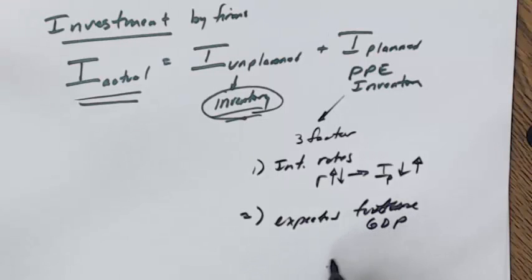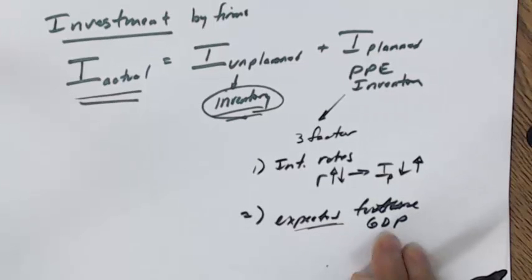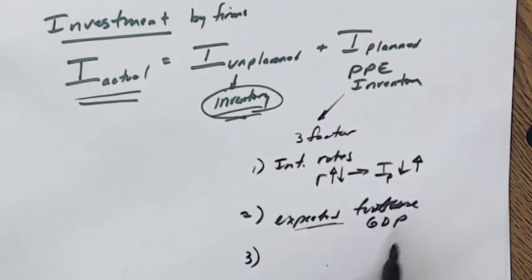And so they don't actually wait to try to get that production done. When they anticipate higher expected future GDP, they're going to start planning for investing in it today. So that's the other component. And how much they decide to invest today depends in part on their capacity.